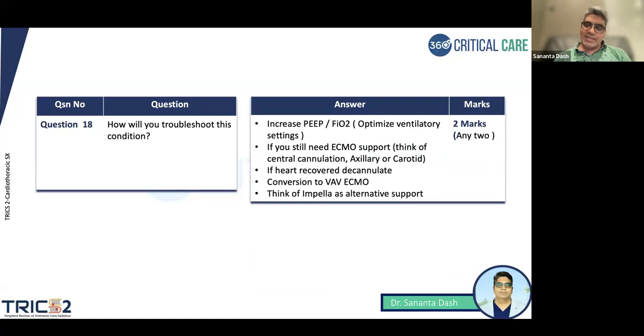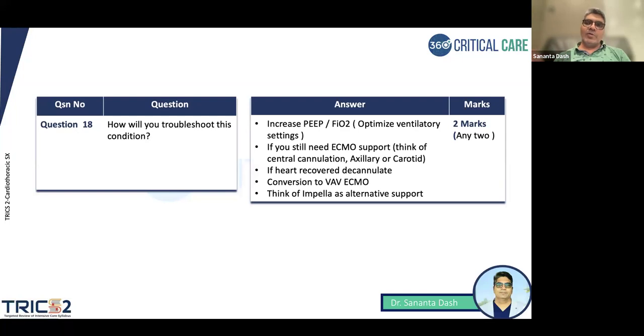The patient is hypoxic, increase the PEEP, increase the FiO2, optimize the ventilator settings, right? Now the second, if you still need the ECMO support, think of central cannulation or going from the top, the return cannula going from the top, so that you bypass that hypoxic area and you put the blood more proximal to the heart, right? Or you think the patient has adequate recovery of the heart, then you think of decannulating.